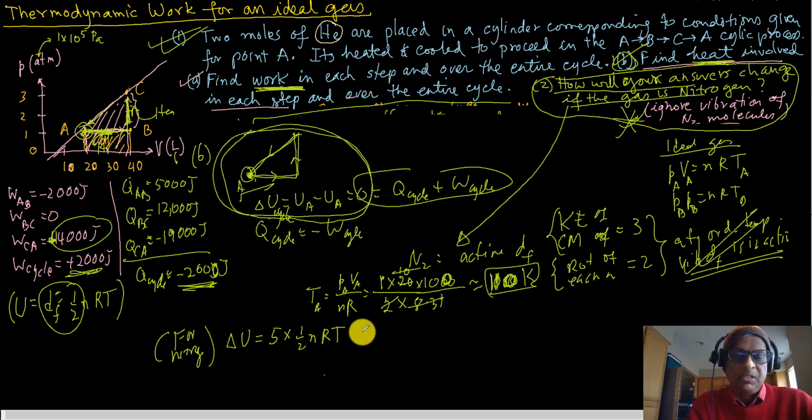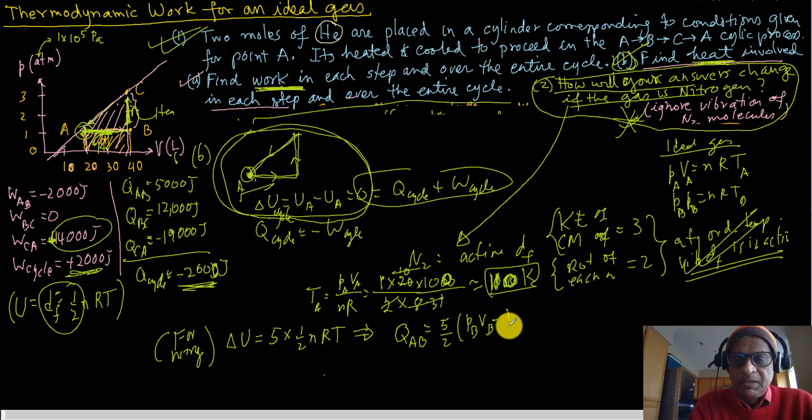And you can see this will feed into all the Q's, right? So QAB will be 5 half PB VB minus PA VA minus WAB.